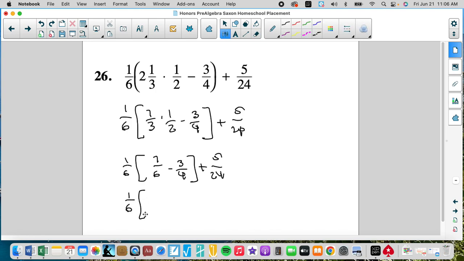The common denominator of 6 and 4 is 12. So 7/6 equals how many twelfths? Times 2. So that's 14 twelfths. Minus, and 3/4 equals how many twelfths? Times 3 is 9. So that's minus 9 twelfths. Plus 5/24.